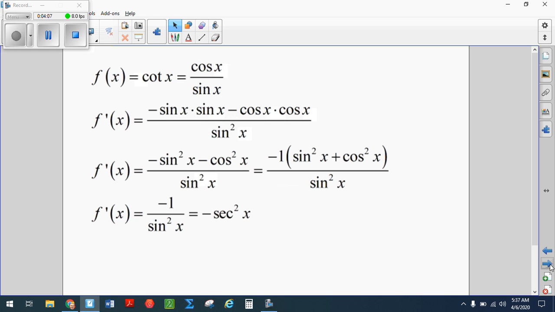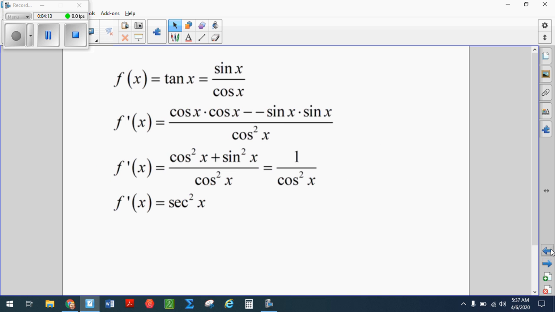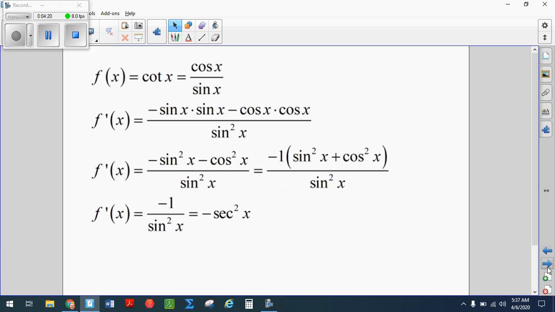If I start with cotangent, which is cosine divided by sine, my derivative is negative secant squared. Oh, I made a mistake somewhere. Let's see. Derivative of tangent is secant squared. Derivative of cotangent is cosecant squared, negative cosecant squared.